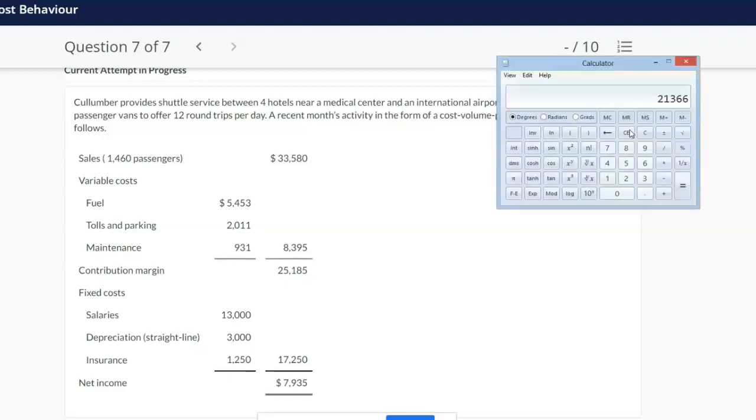The contribution margin divided by sales. Yes, that gives you the ratio. 75%. Now divide that into the fixed, and you've got your break-even in dollars.